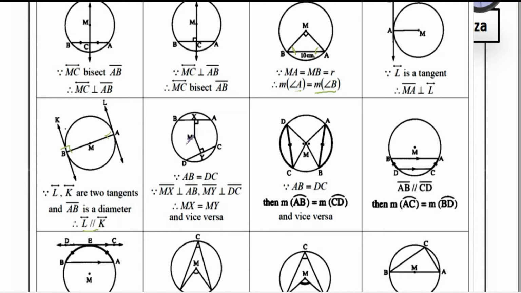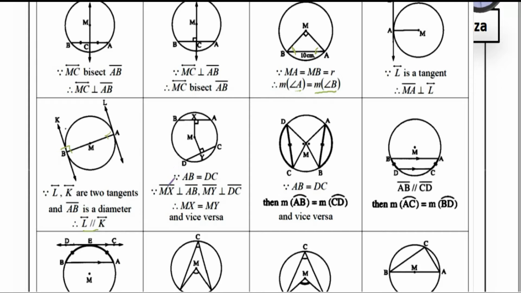The next, if we have two chords AB and DC equal in length, and MX perpendicular to the chord AB, and also MY is perpendicular to the chord DC, what do you deduce?